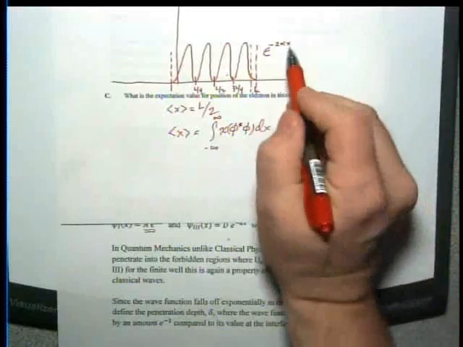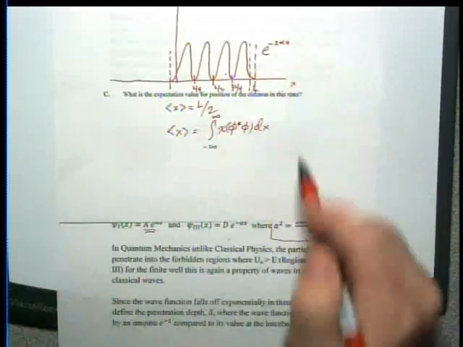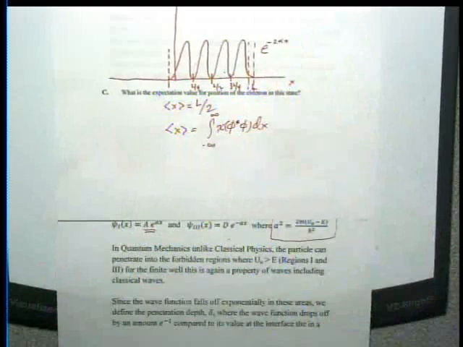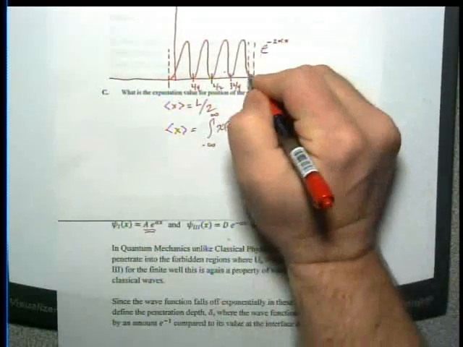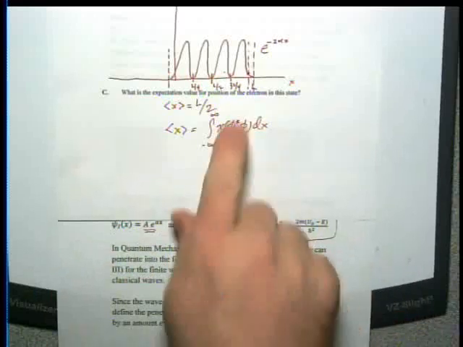So if you were to make x here, in essence, be like 1 over alpha, you would have 1 over e squared. And that would be the probability drop-off from what it was here. Because we're going to connect it with a constant that provides continuity. Well, that turns out to be about 13% of whatever was here.